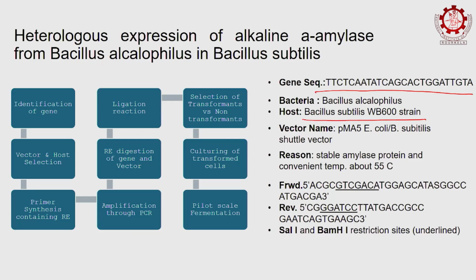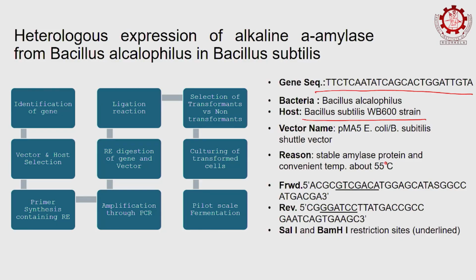For producing the alpha amylase, we have selected a bacterium, namely Bacillus alkalophilus. The reason for choosing this bacterium is that it produces a stable amylase protein which stands up to 55 degrees Celsius, and it is an alkaline alpha amylase. The host we are choosing is Bacillus subtilis, WB600 strain.